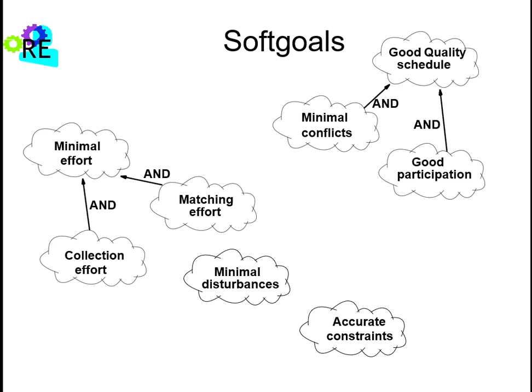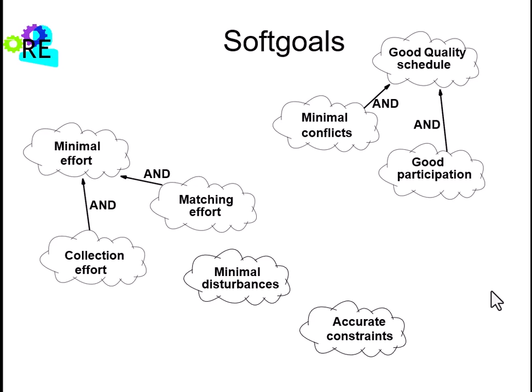Now come to discuss the soft goals. These are examples of soft goals. Achieving a good quality schedule. This means scheduling a meeting is a functional requirement or hard goal, but achieving it in a quality way, or we can say achieving a good quality schedule, is a soft goal.